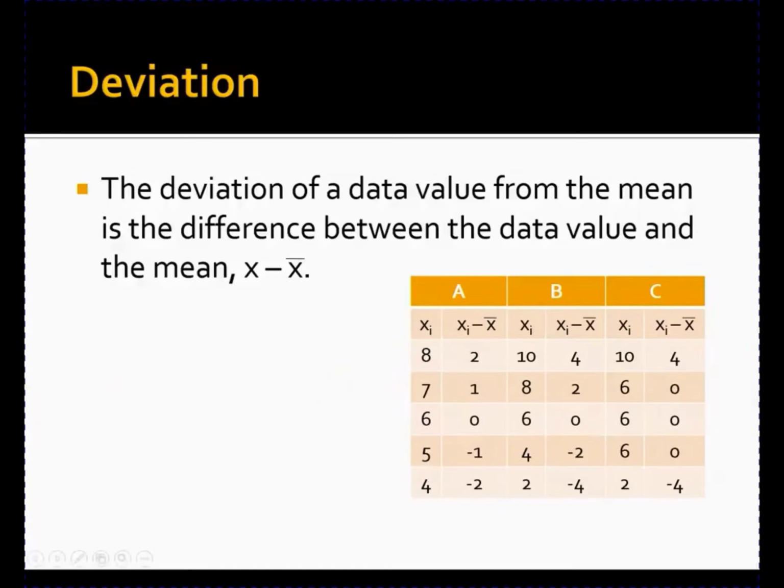And you do that value by value. If you look at the first list, list A, remember the mean is 6.